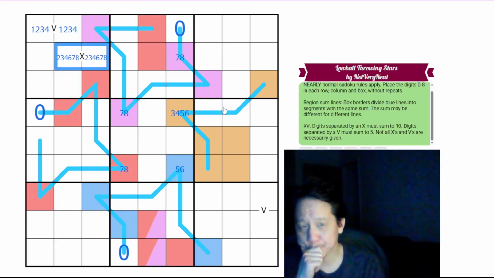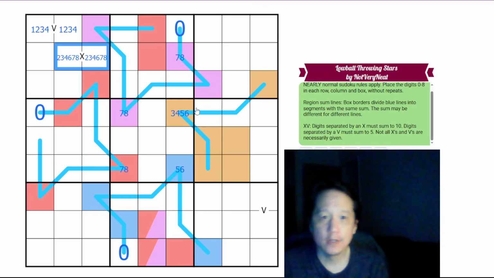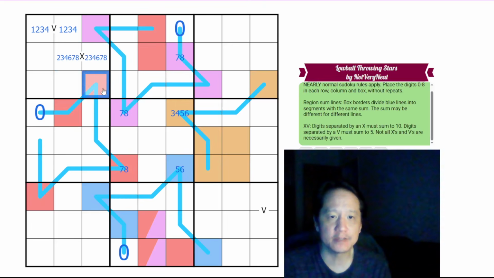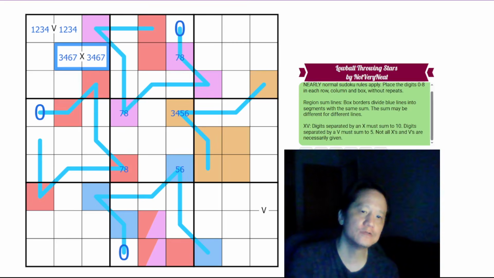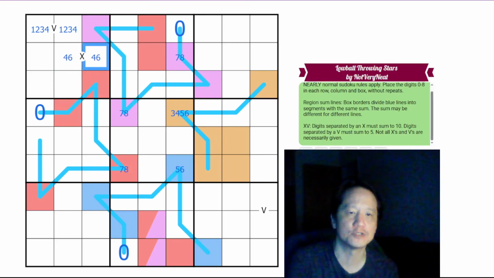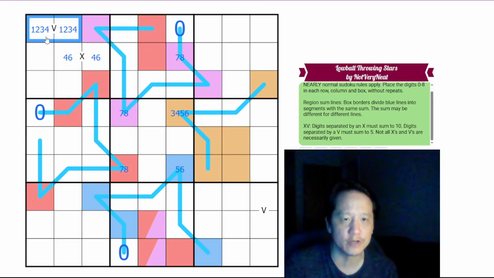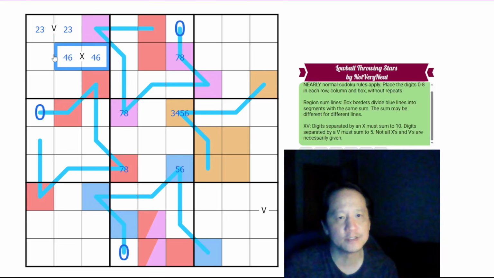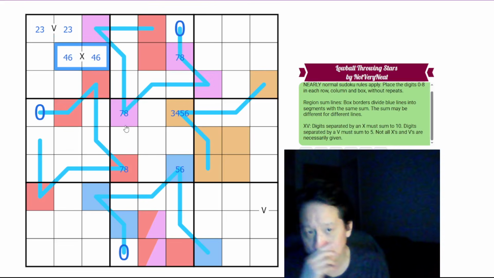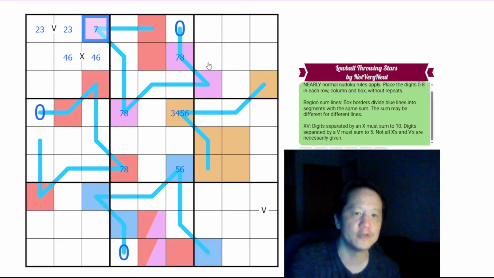And again, red is 7, 8. Pink is 7, 8. So that eliminates 7, 8 in the rest of the box. So this cannot be 2, 8 or 3, 7. It's 4, 6 as a pair, which eliminates 1 and 4, adding up to 5 as a pair. So this is 2 and 3. This is 4, 6 as a pair. So then we have 7, 8 here.